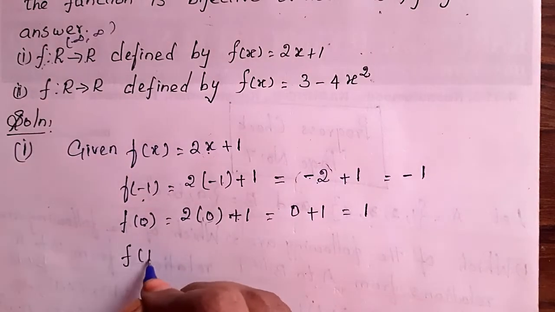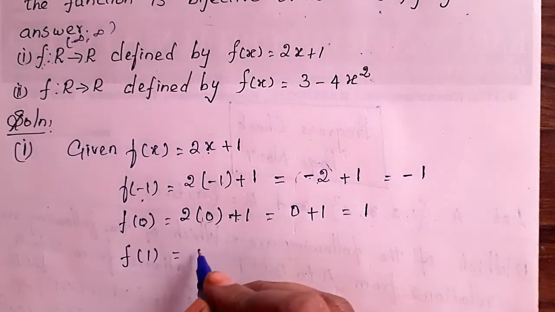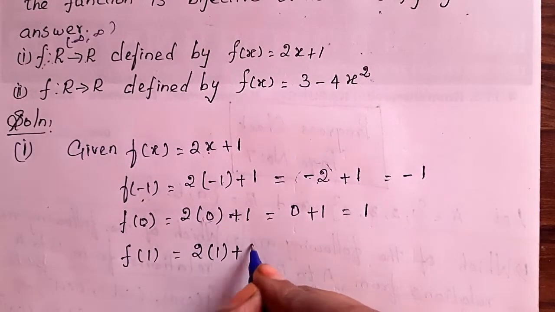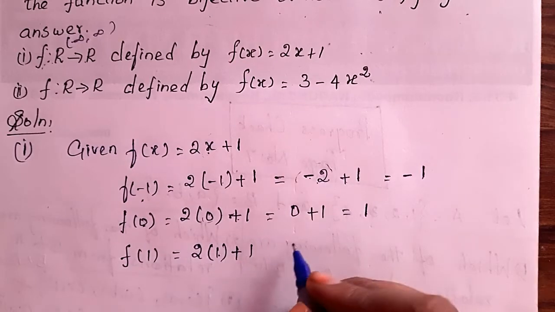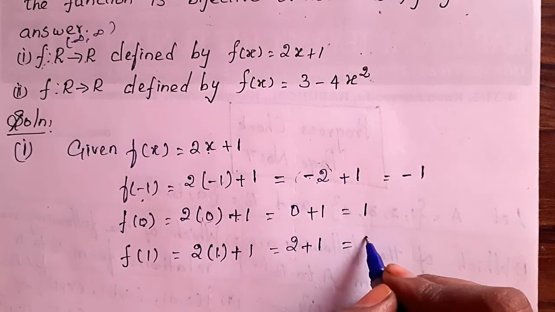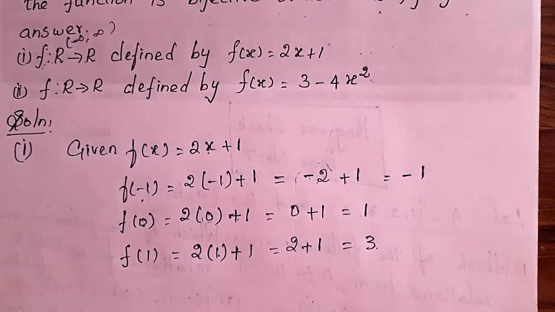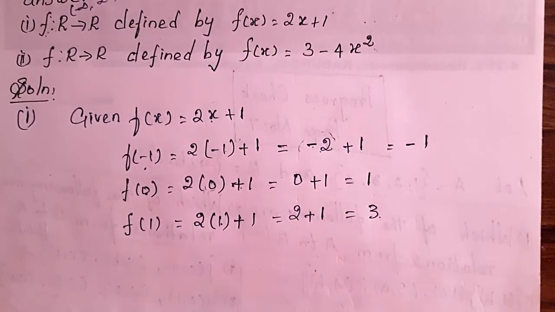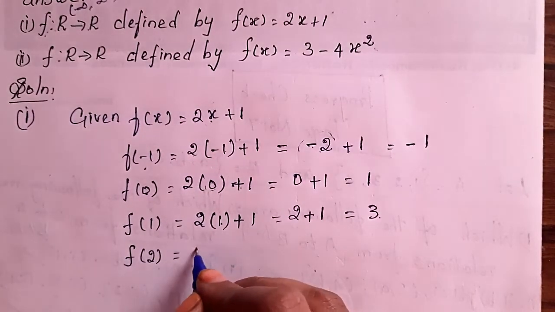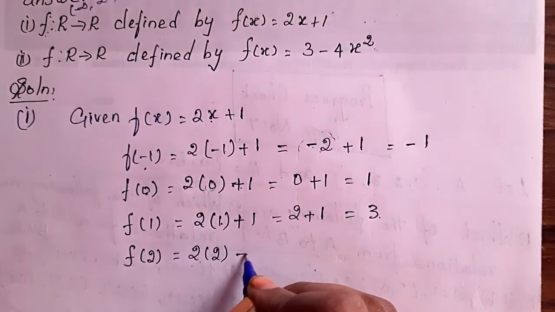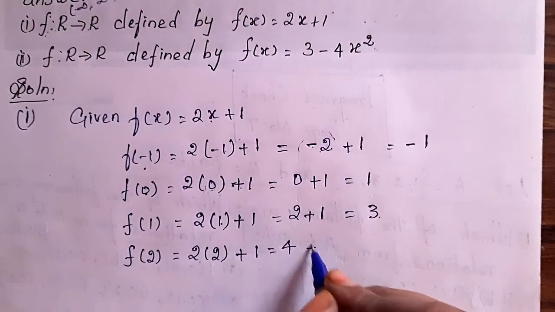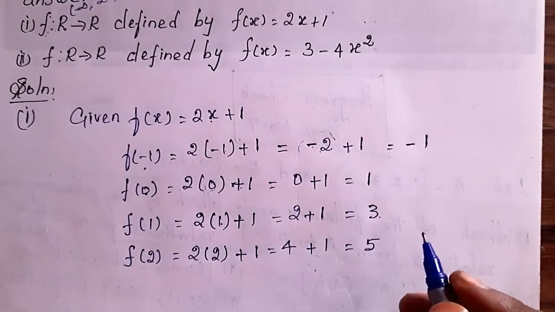Then f of 1: 2 into 1 plus 1. So 2 into 1, 2, plus 1, that is equal to 3. Next, I can take f of 2, that is equal to 2 into 2 plus 1. 2 2s are 4, plus 1, that is equal to 5.